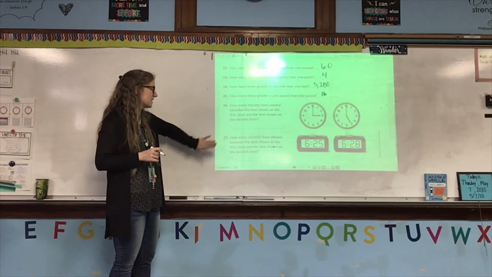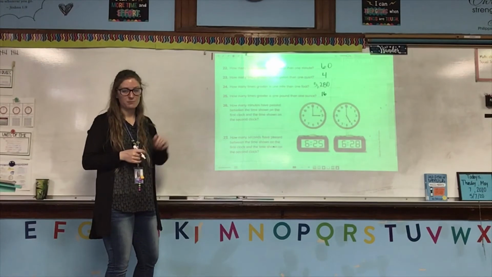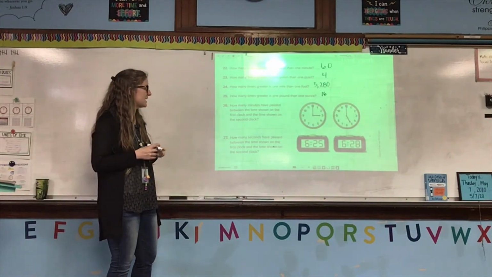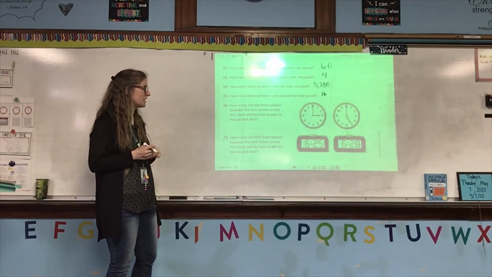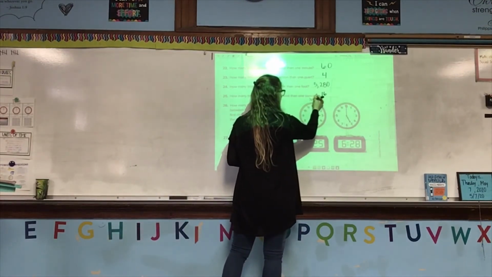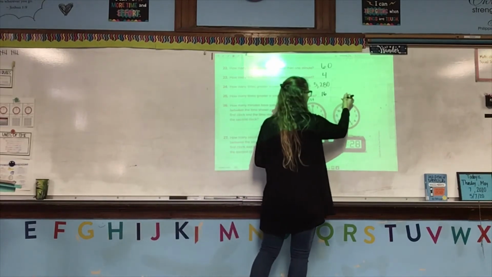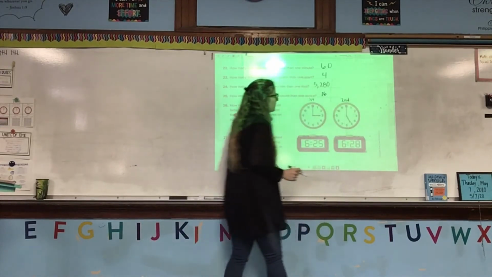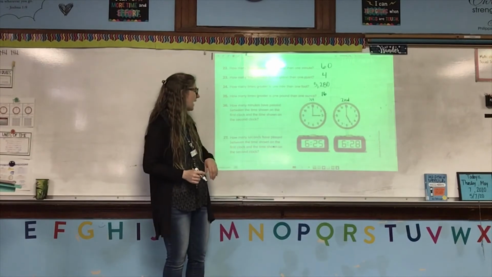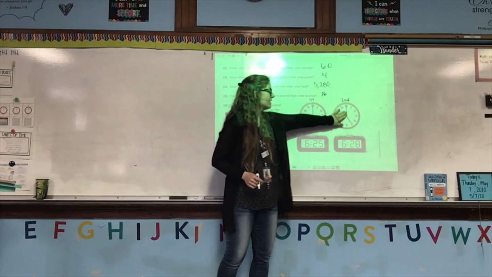Okay, number 26 and 27. We have some elapsed time problems. Number 26, how many minutes have passed between the time shown on the first clock and the time shown on the second clock? So we're trying to figure out how many minutes have passed between this time and this time.